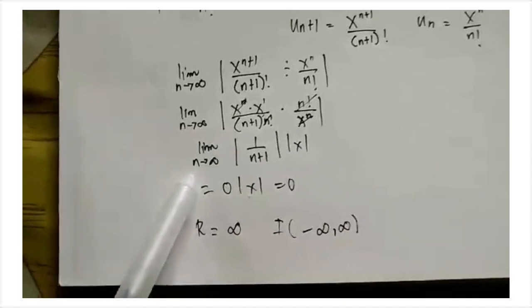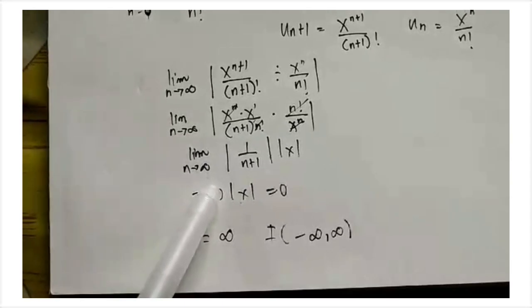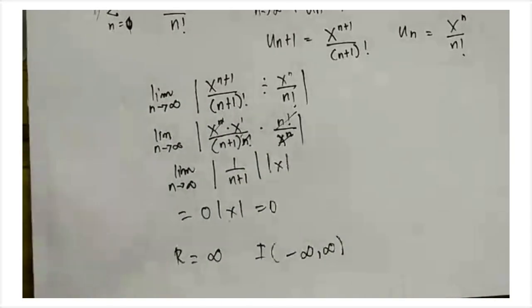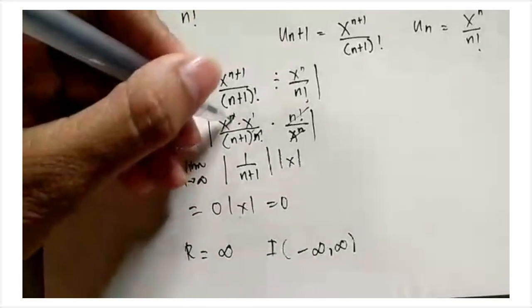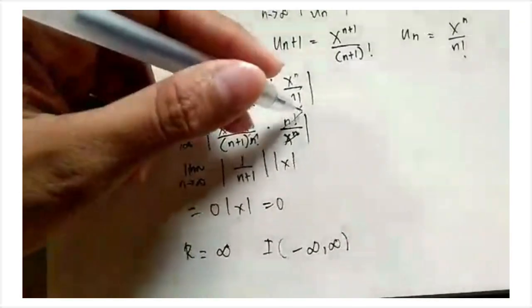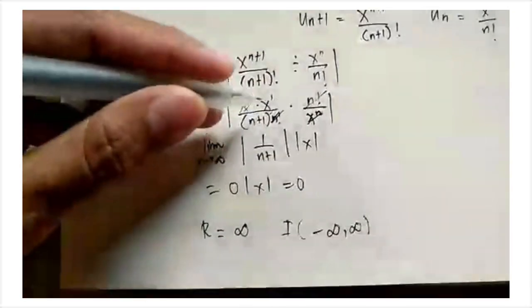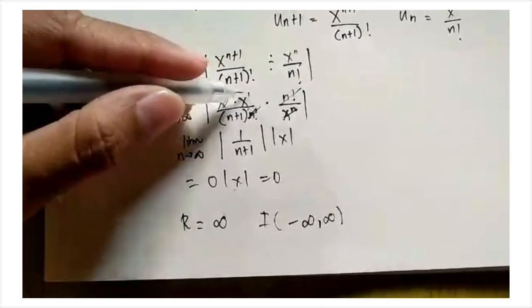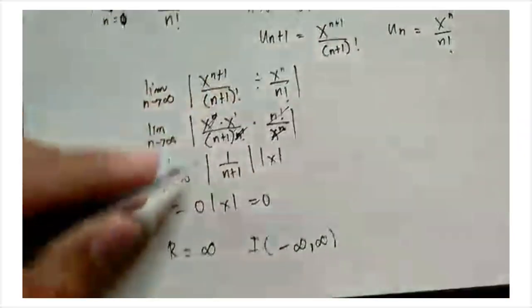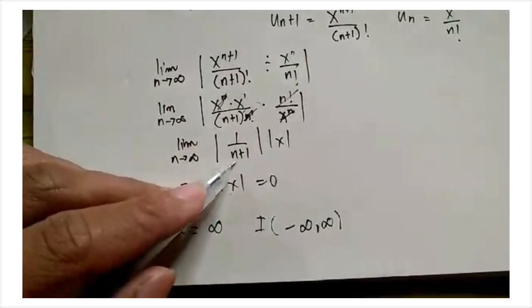And then simplify: we're just going to cancel out x raised to n and n factorial. So we will get, since this is only 1, 1 over n plus 1.